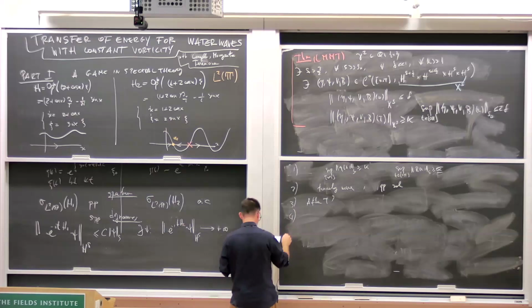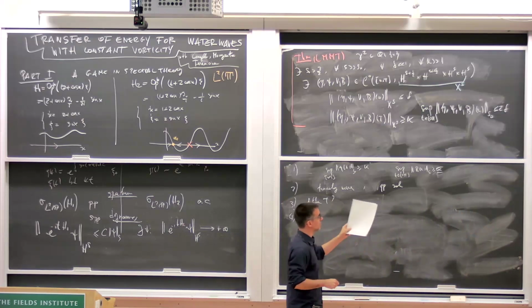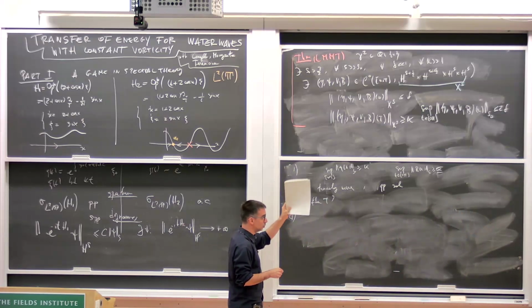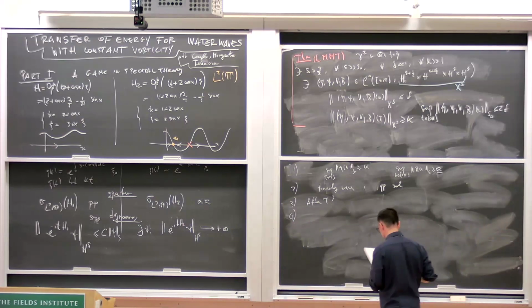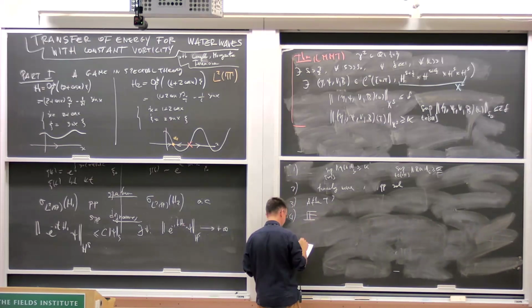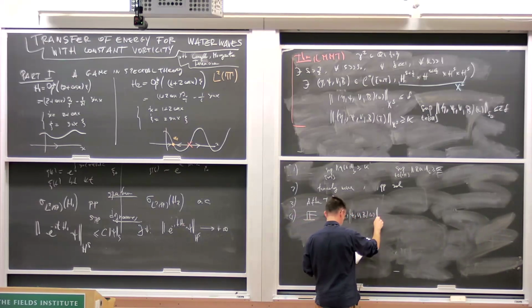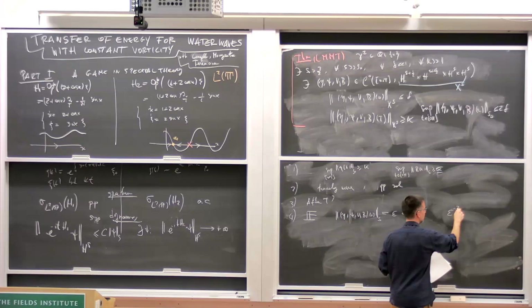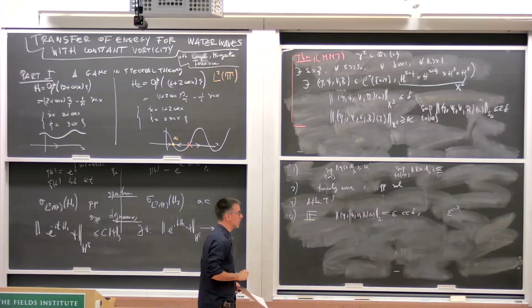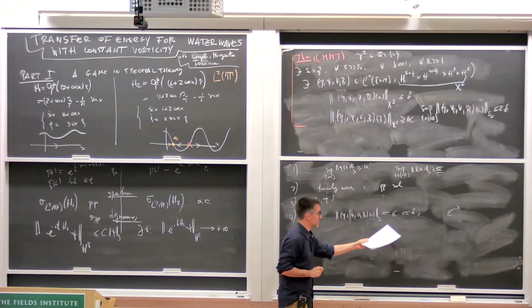For the time of growth of the solution, also in this case the nonlinearity is quadratic. There is a result by Ifrim and Tataru, which tells that if you start with an initial datum eta, psi, V, B at time 0 in H^S equal to epsilon, smaller than delta, then you have existence till time epsilon^-2, and up to this time you don't see anything, so the norm stays of size essentially epsilon.